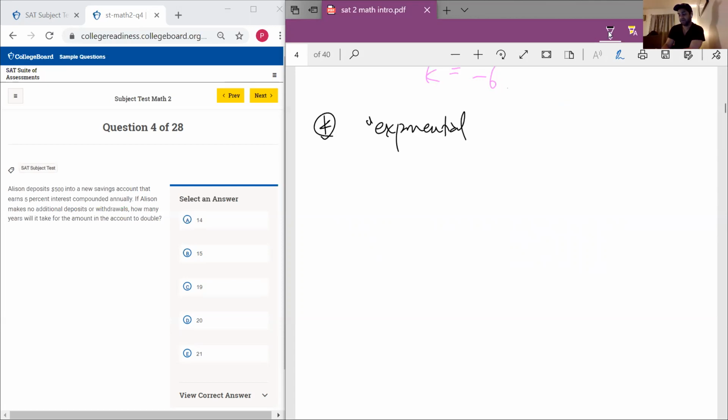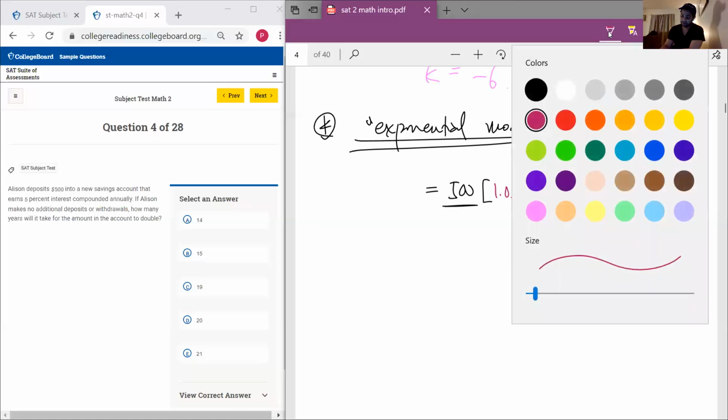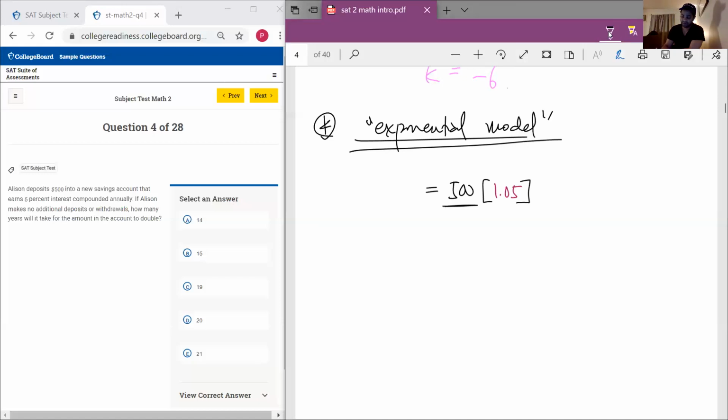So we're dealing with an exponential model because we're dealing with compound interest. So you're starting with 500. That's the initial value. And the initial amount is being compounded, meaning you're getting a 5% interest, or you are multiplying the amount by 1.05 year after year until you get to an amount that is double that.